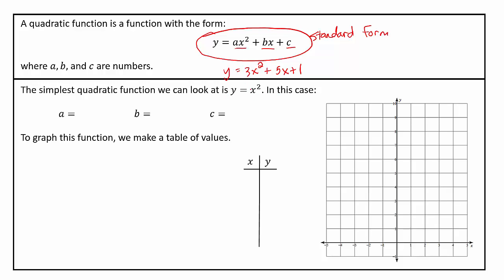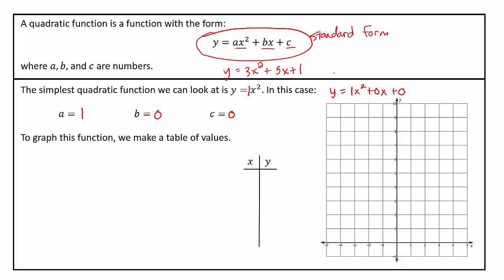So if y equals x squared, the number in front of x squared is 1, so a is 1. There's not an x, which means the number in front of x would have to be 0. And there's not another number after x squared, so it would also have to be 0. Another way of writing it would have been 1x squared plus 0x plus 0, and that would have made it more obvious what a, b, and c were.